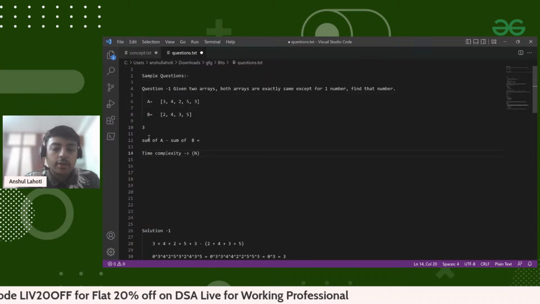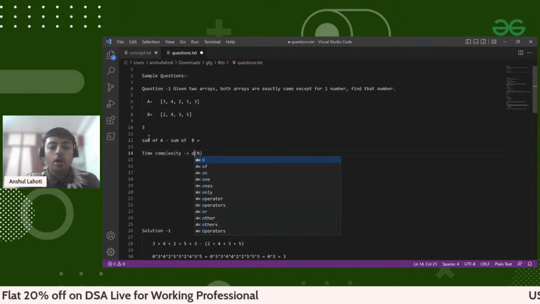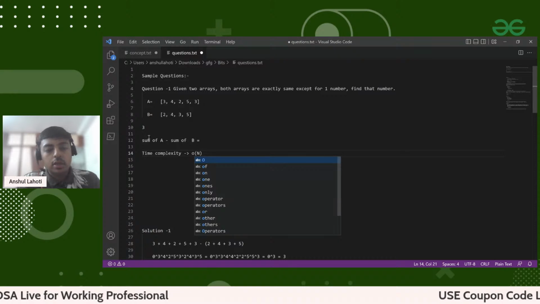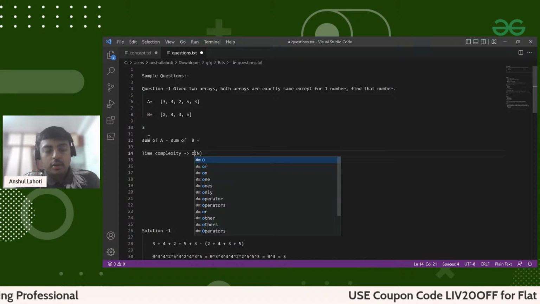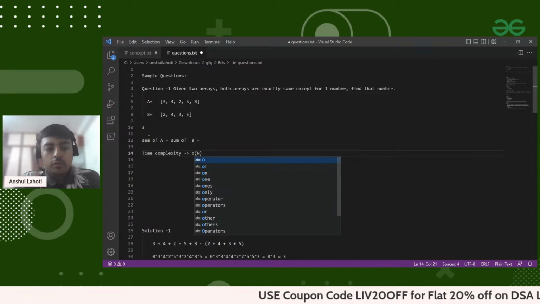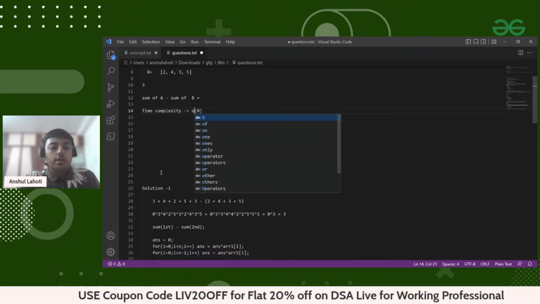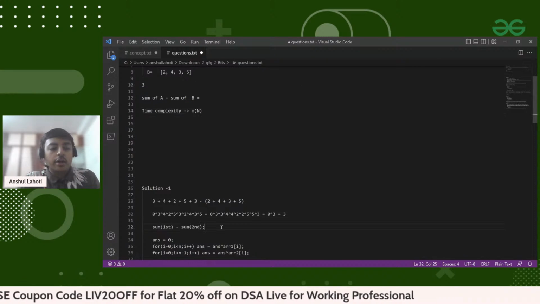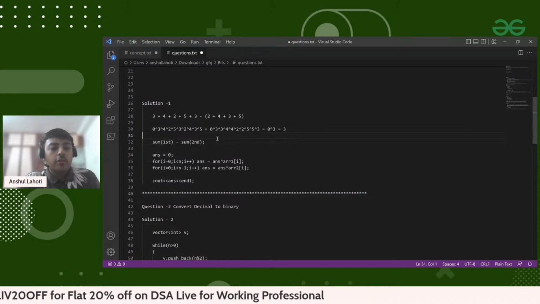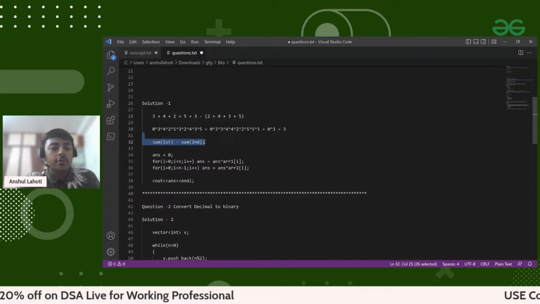We are just learning how we can use the bits, and that's the knowledge we have to gain here. So that's the first way: sum of first minus sum of second, and you will get your answer.